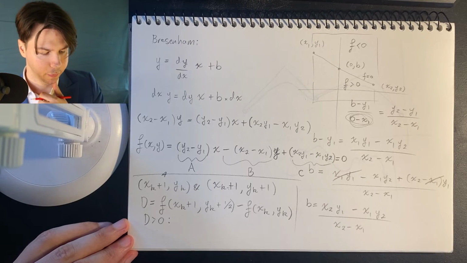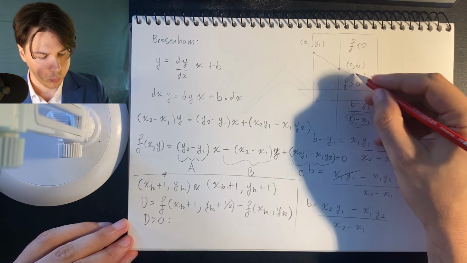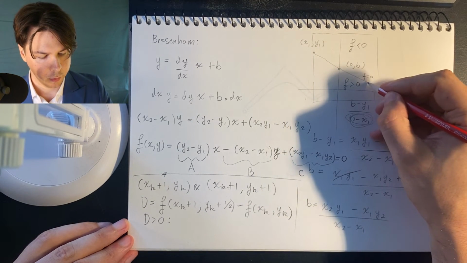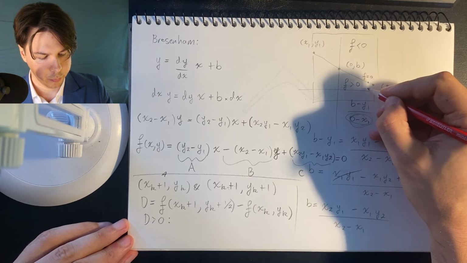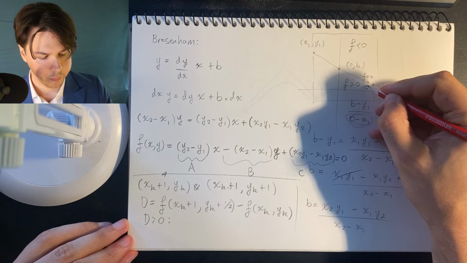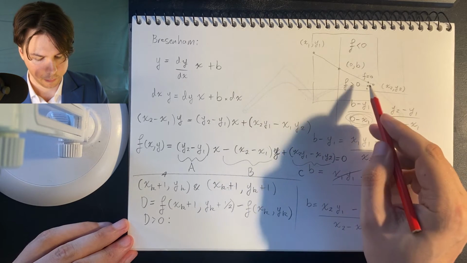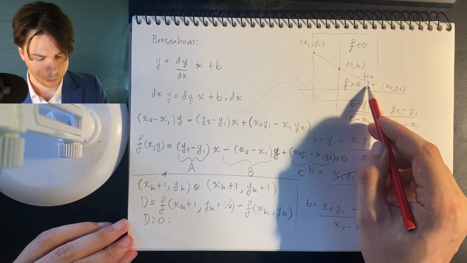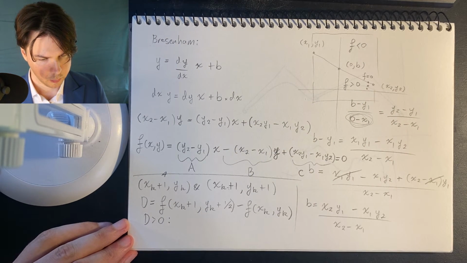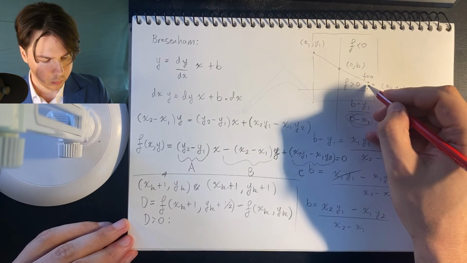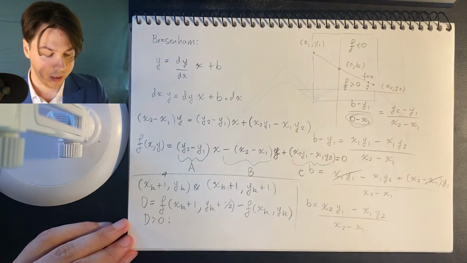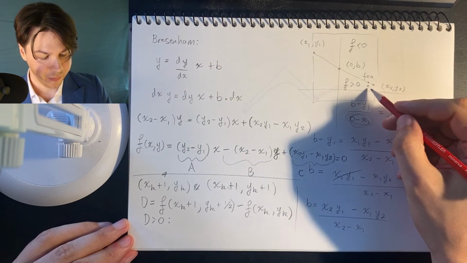Okay, so if we were plotting along and then we had to choose between this point and this point, and our midpoint was, well, this is a bad example, but anyway, have a look here.